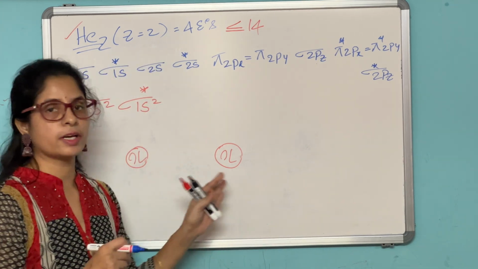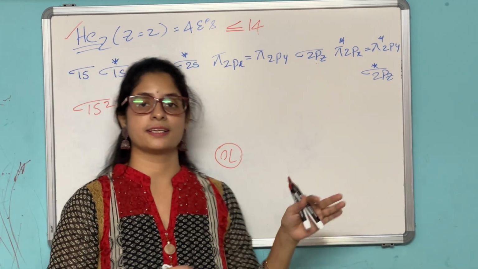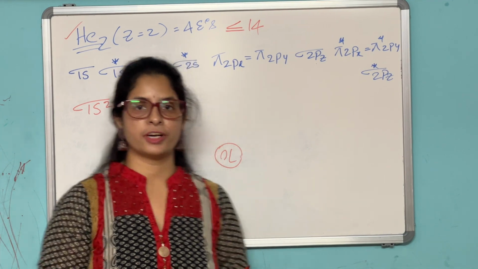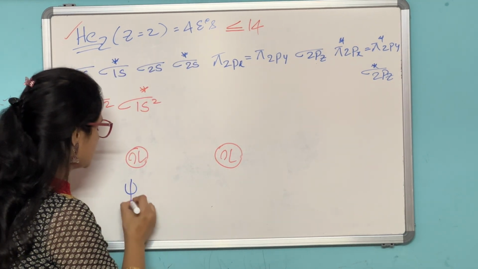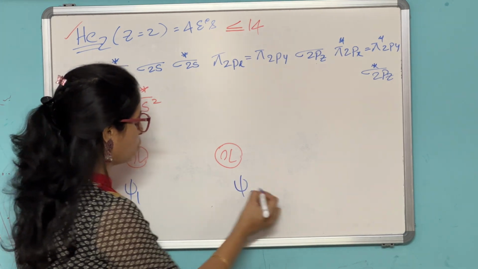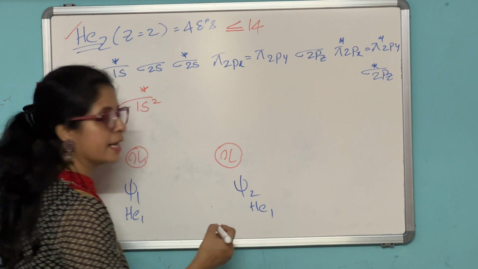Each atomic orbital is considered as a wave function, psi 1 and psi 2.